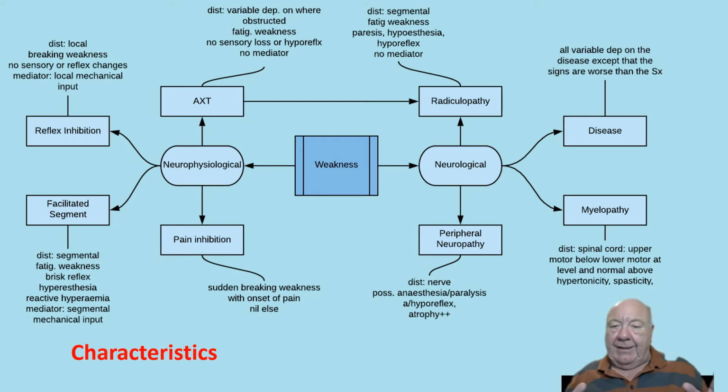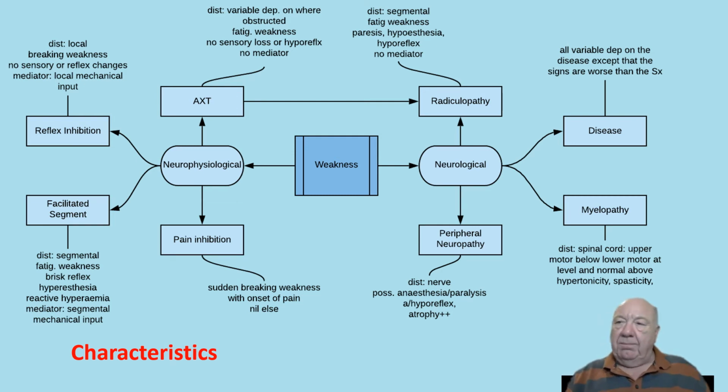But forgetting that, the distribution of this will depend on what's affected. Now, if the large peripheral nerve has been affected, it'll be in a peripheral distribution. But if it's in a digital part, further out on the nerve, you're going to see a unique distribution based on what nerve's being affected.